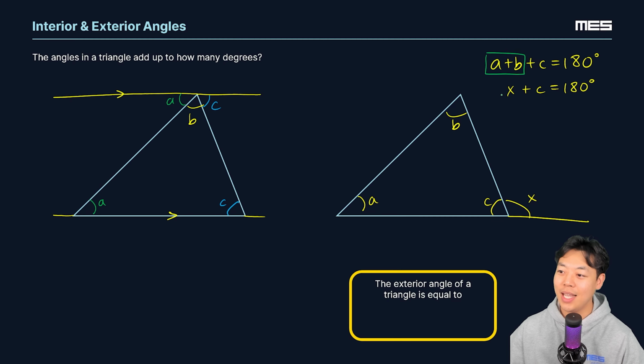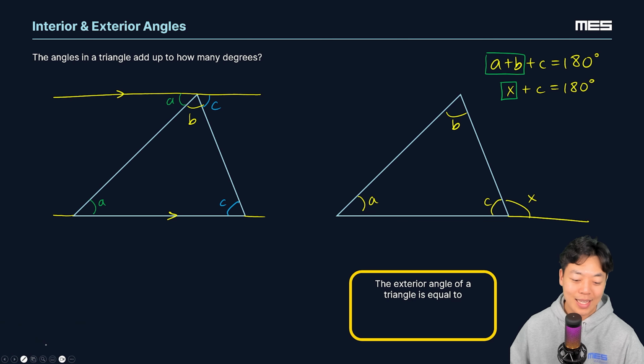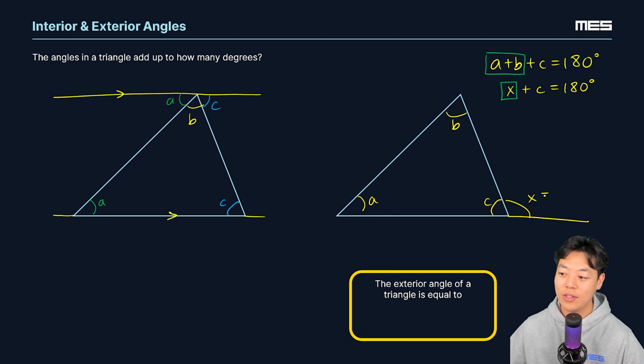A plus B and X must be the same in order for the remainder of these equations to maintain that balance as well. So that's how we know that the exterior angle of a triangle is equal to its non-adjacent angles added up.